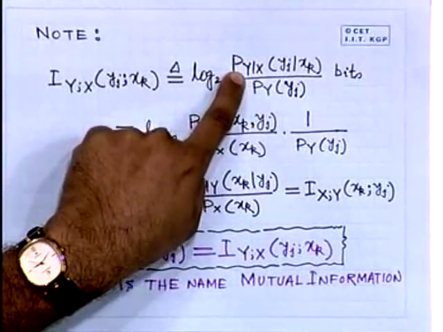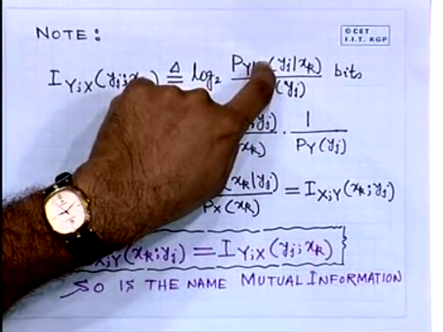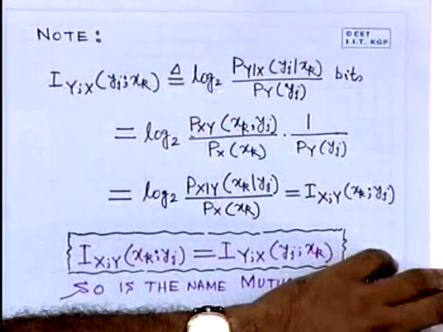Similarly, one could also write an expression for mutual information taking y first, x next: yj first, xk next, and the definition would then be log base 2 of the conditional probability of getting y equal to yj given x equal to xk, looking at it the other way around.